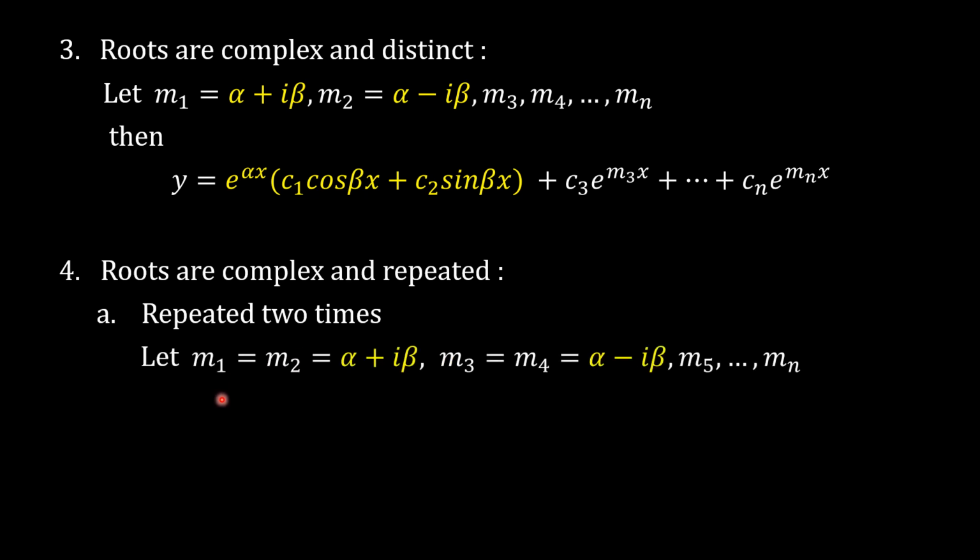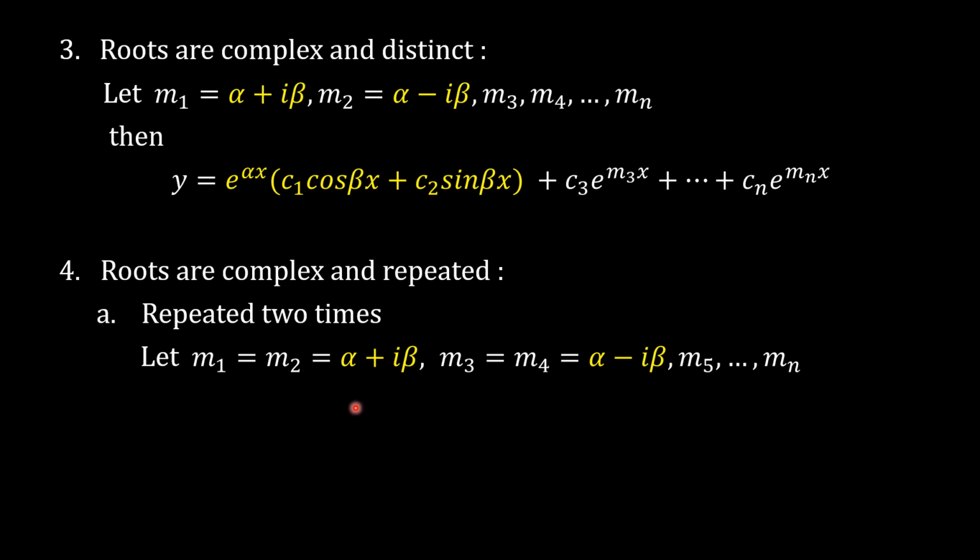Let m1 equal to m2 equal to alpha plus i beta, m3 equal to m4 equal to alpha minus i beta, and the remaining n minus 4 roots are real and distinct. Again, now put these roots into the case roots are real and repeated two times.